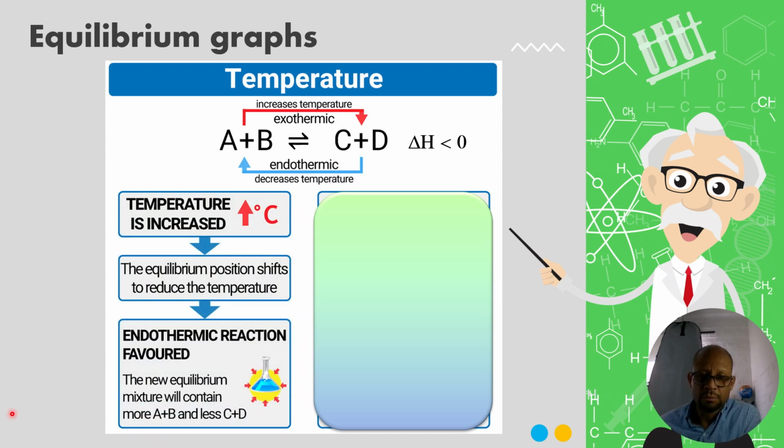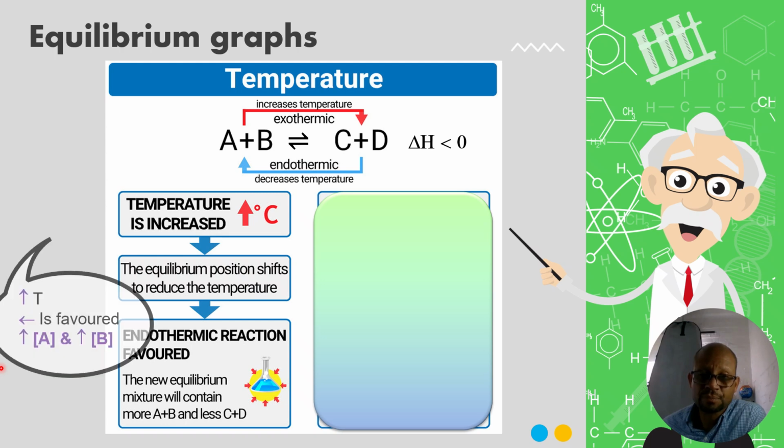So once you add heat and you increase the temperature, the equilibrium will shift to reduce the temperature, and by doing that, it will favor the reverse reaction, or the endothermic reaction. In doing so, you will produce more A and B particles, or you will increase the concentration of A and B. At the same time, the concentration of C and D will be decreased.